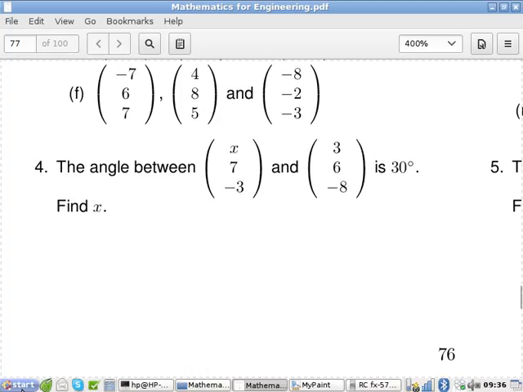And then number 4 is actually not too bad. I want the angle between these to be 30, so what do I say? This dot this over magnitude times magnitude equals cos 30, and then you solve for x. My question is, what type of equation will it be? Linear, quadratic, cubic? Can you picture what you would get when you use the formula?